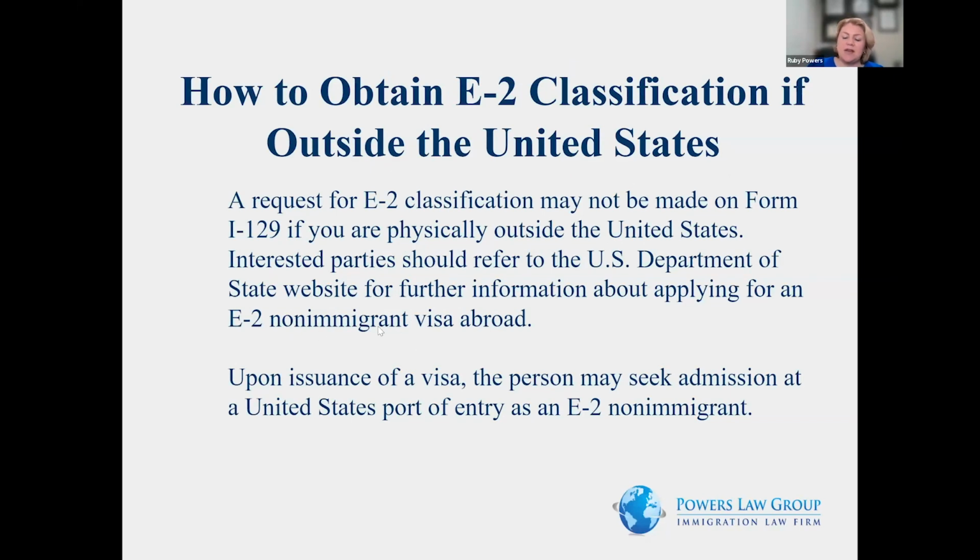Now, if you're outside of the country, you submit your application by doing the DS-160, and you notify the consulate or embassy that you are applying through that you are going to be submitting an E2.